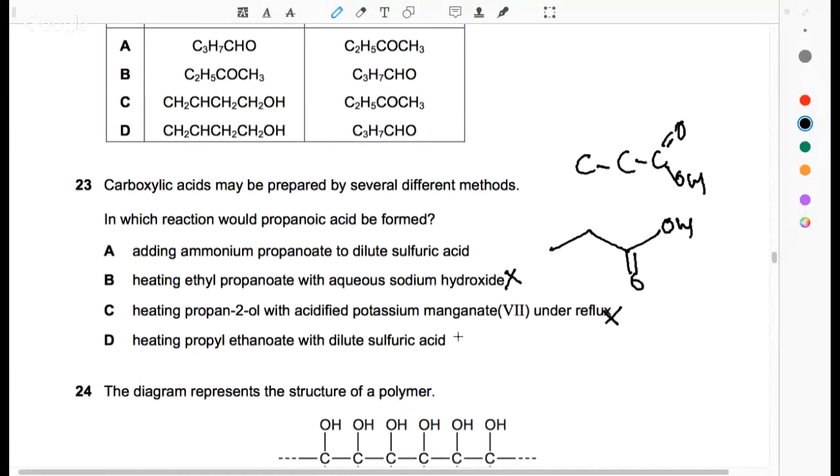Heating propyl ethanoate, you get ethanoic acid. So it's this one. It's a neutralization reaction, because it's an acid.